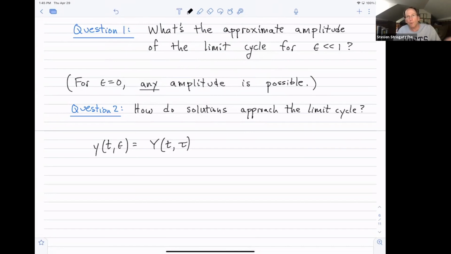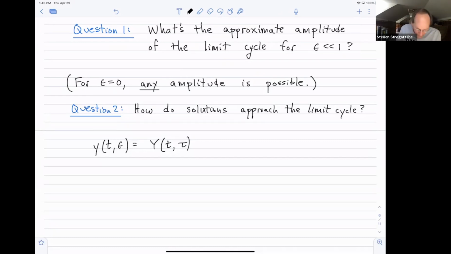By the way, why do I think there will be two time scales? Because the damping is weak. The system basically thinks it's a simple harmonic oscillator, but it's going to slowly accumulate amplitude due to that weak pumping or weak damping term. So there is going to be an amplitude change on a long time scale.